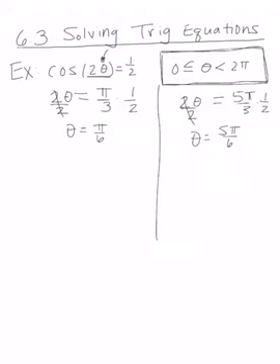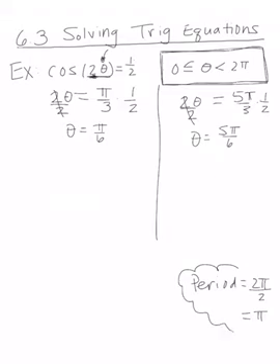So next step is to think about our period. Right down here I'm going to think about that. So period, since we're dealing with cosine, usually the period of cosine is 2 pi, but we've got a coefficient in front of our theta, so I divide by that coefficient and I get a period of pi. Okay, so to find all of the solutions, we're going to think about adding multiples of our period.